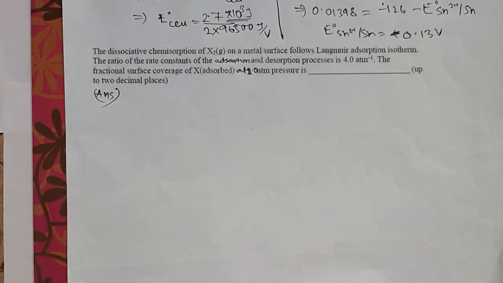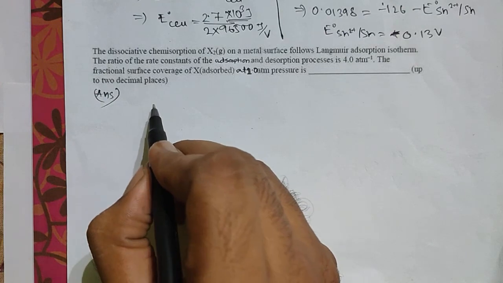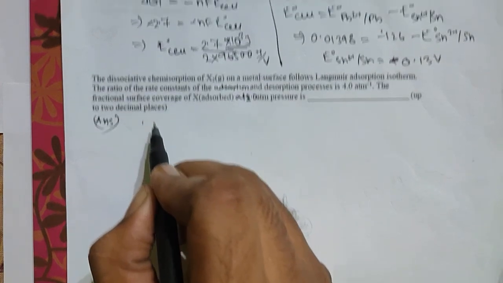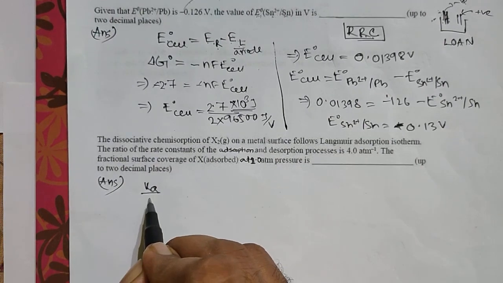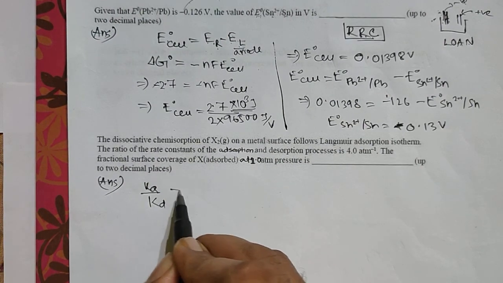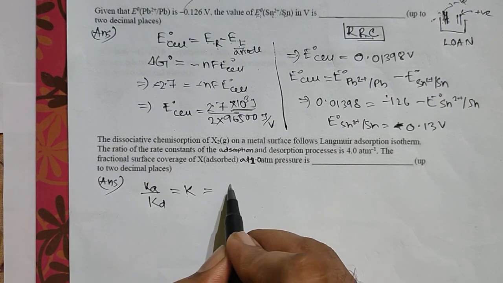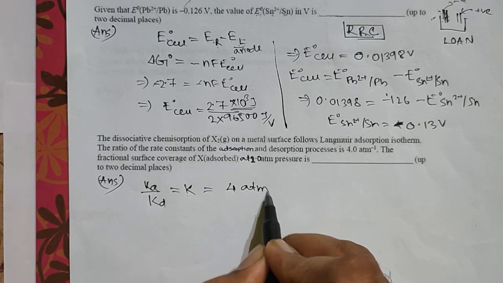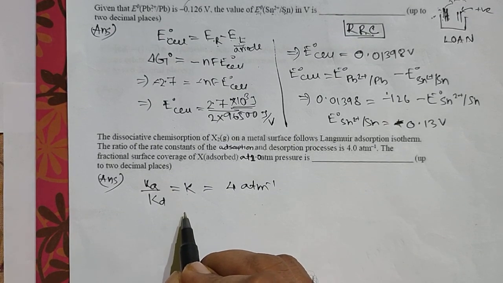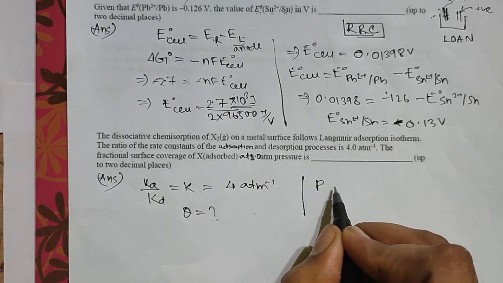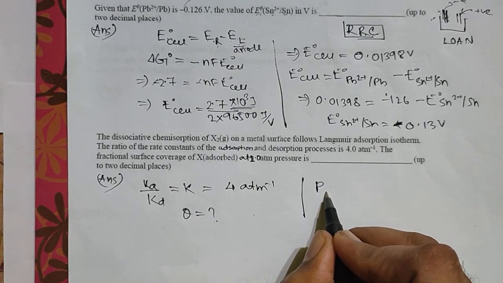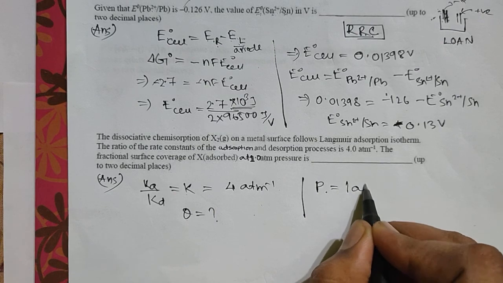First we will see what data are provided. The ratio of rate constants is Ka by Kd, let K equal 4 atmosphere inverse. Theta is what they asked about, which we don't know, and P equals 1 atmosphere.